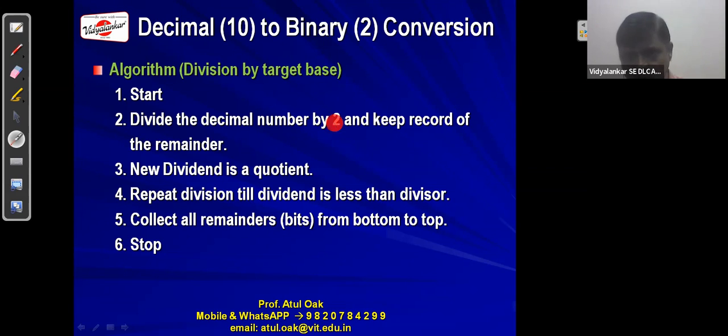So you divide by 2, and when you divide, you get 2 results. When you add, you get 1 result. Subtract, 1 result. Multiply, 1 result. But when you divide, you get 2 results. One is quotient, another is remainder. That's why there are 2 operators in programming languages.